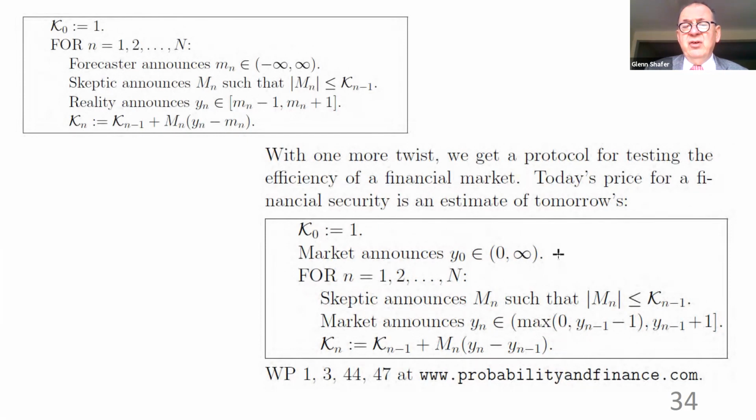The assumption that you cannot make money in this game implies the properties that we see in stock prices. For instance, they look like Brownian motion, because the assumption that you cannot multiply your money in this game by a large factor implies that the prices will look like Brownian motion.